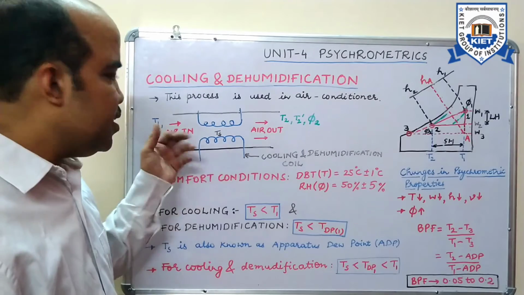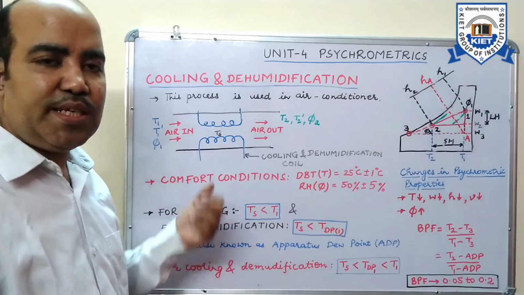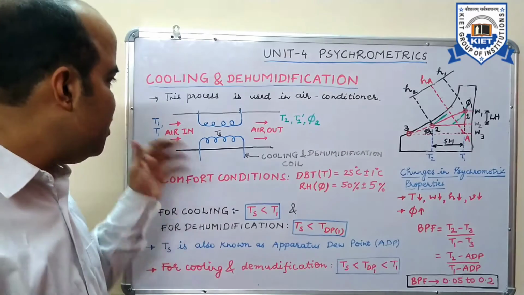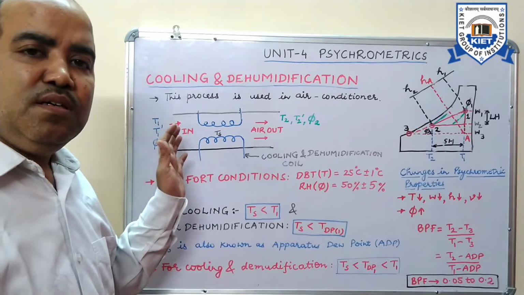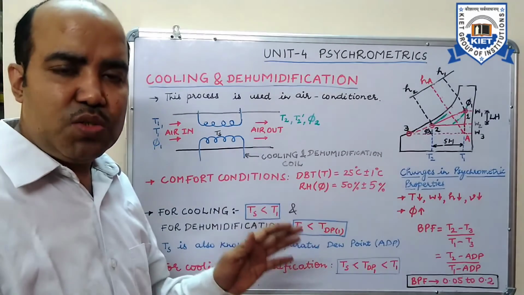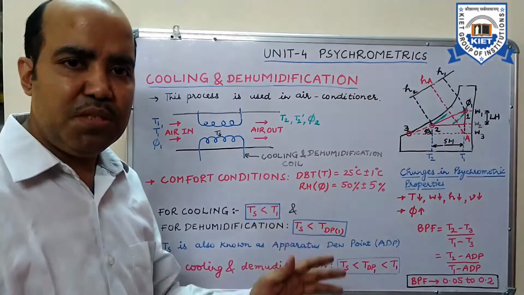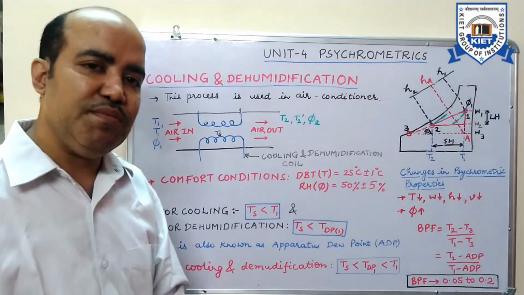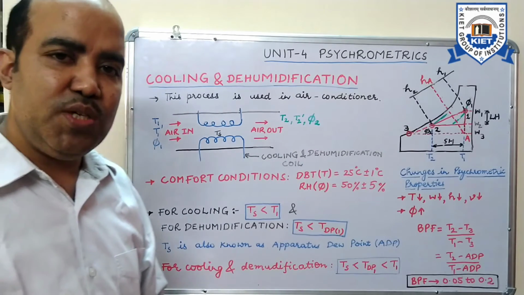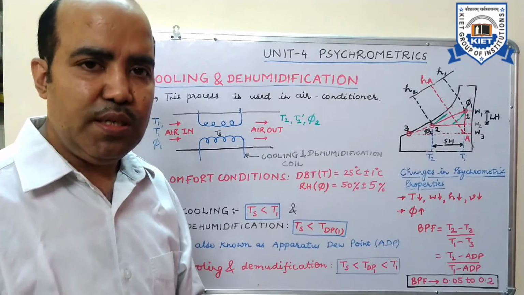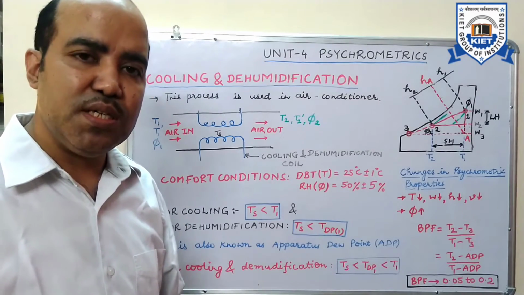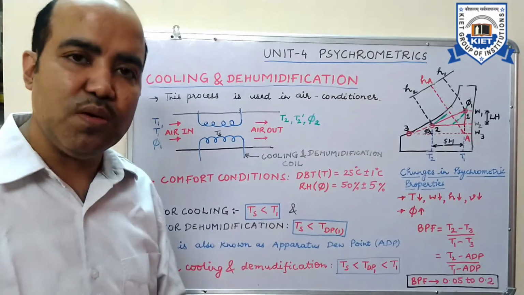When the air comes in contact with the cooling coil, the temperature of the air also comes down, that is the dry bulb temperature also comes down, along with a decrease in the moisture content of the air. That is, the removal of moisture from the air is happening in this cooling coil.